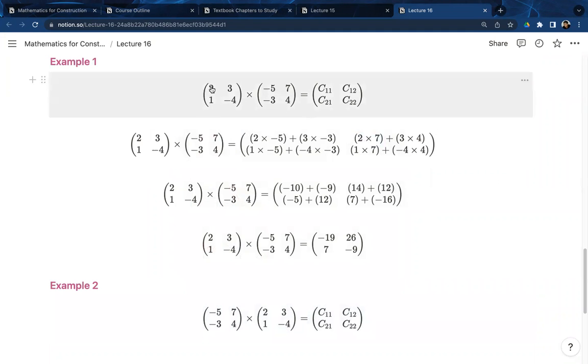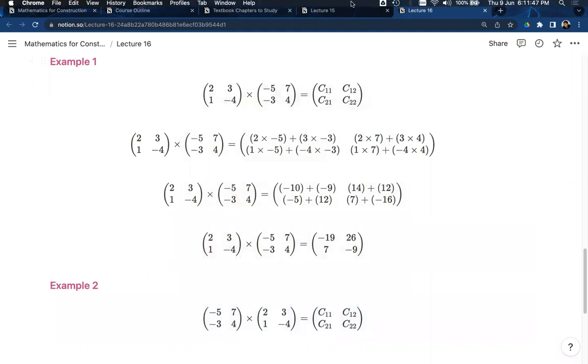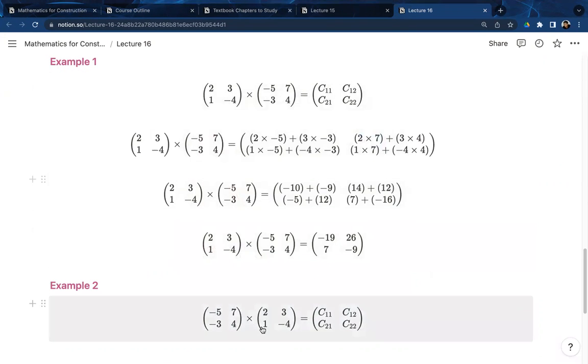So up here, I had the 2, 3, 1, 4 matrix multiplied by the 5, 7, 3, 4. What if I swap them left to right and I get this here? What will be the answer when I multiply these two matrices together here? Will it be the same as this? What I'm showing you here is, let's check to see if multiplication of matrices is commutative.